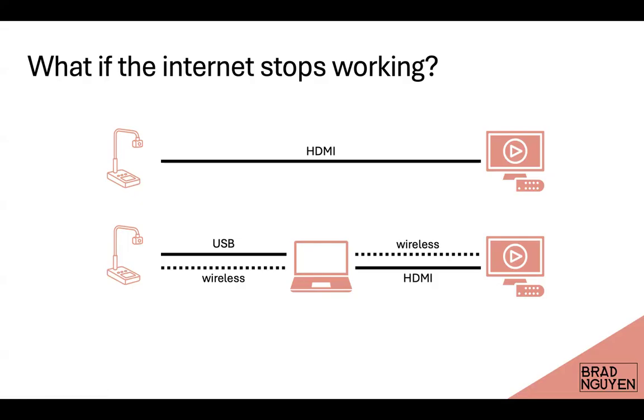If it's connected wirelessly to the computer or to the screen, then it's not going to work. So that wireless connection won't work. The USB will continue working. That wireless connection will stop working. That HDMI connection will keep working, right? So you should think through this scenario when you're purchasing a visualizer. If the internet stops working, well, will I be able to use the visualizer?